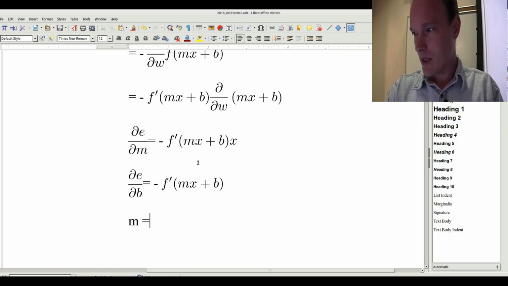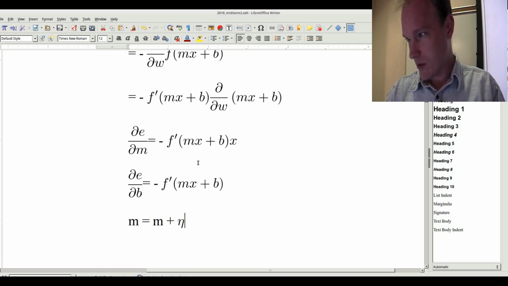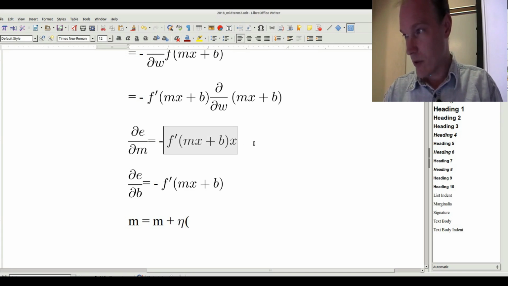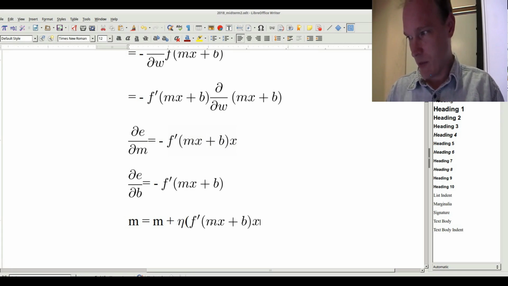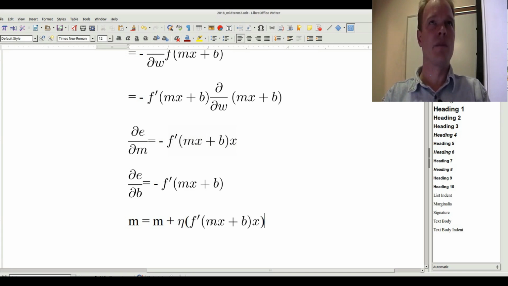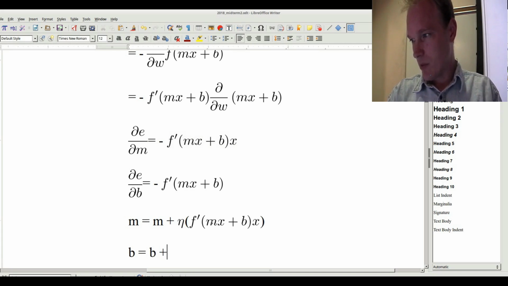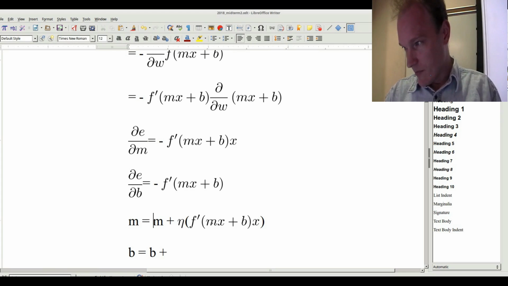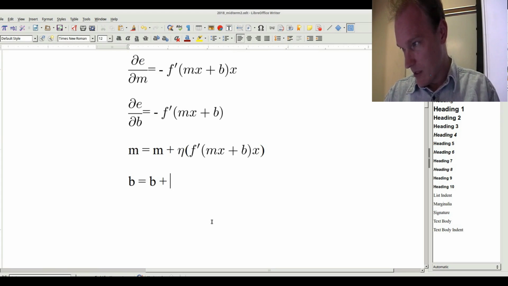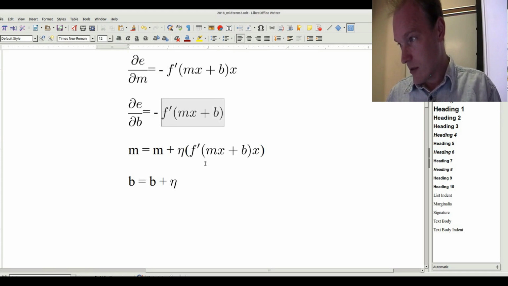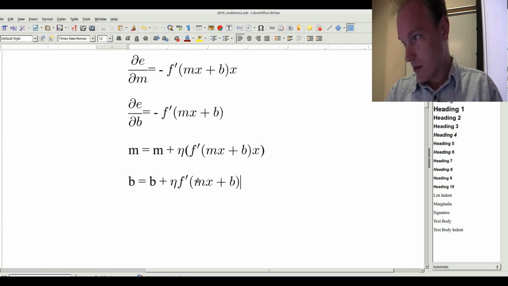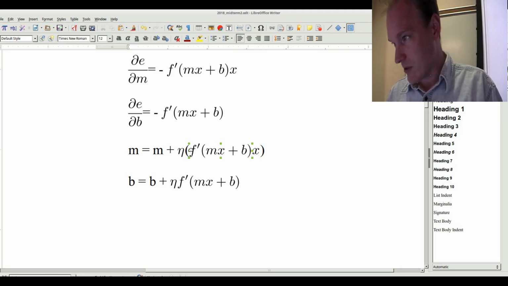So we're going to say m is equal to m plus eta times this whole thing, and I'm not including the minus sign because I did a plus there instead of a minus. And I'm going to say b is equal to b plus, I'm just going to copy my eta, that thing. I don't actually need those parentheses, do I? Because the f covers me.